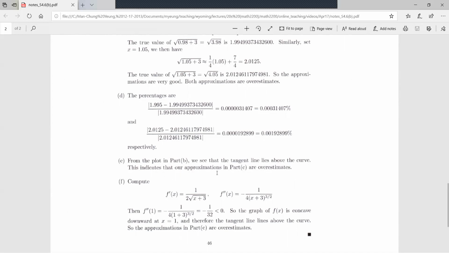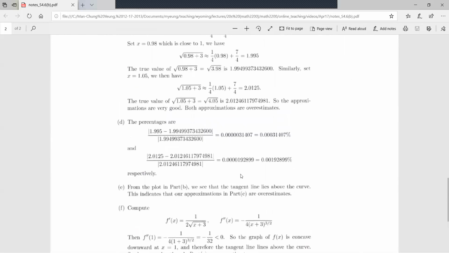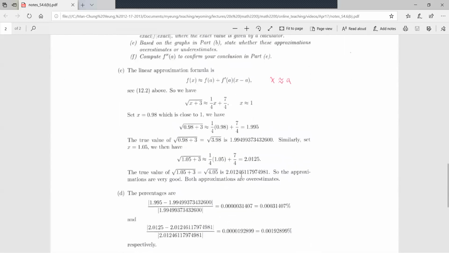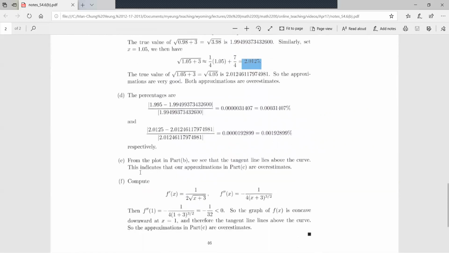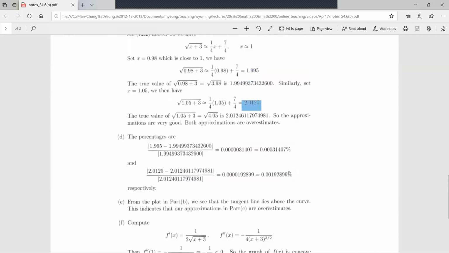So our estimates in part C, 1.995 and 2.0125, are overestimates. This is part E.